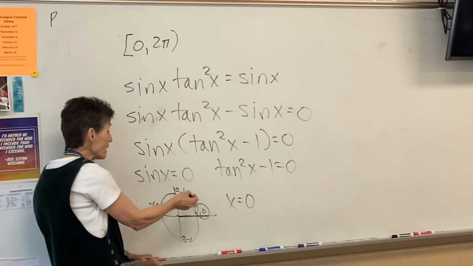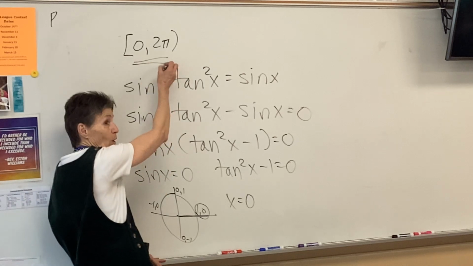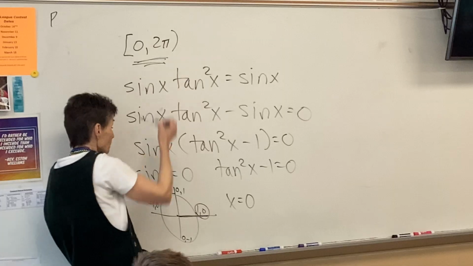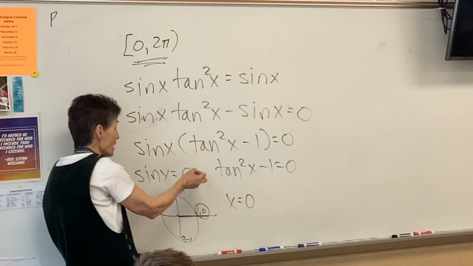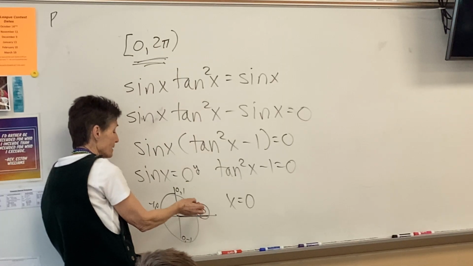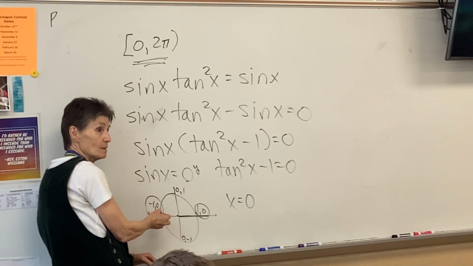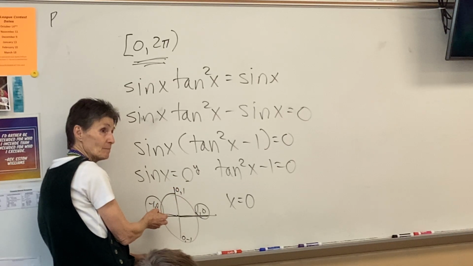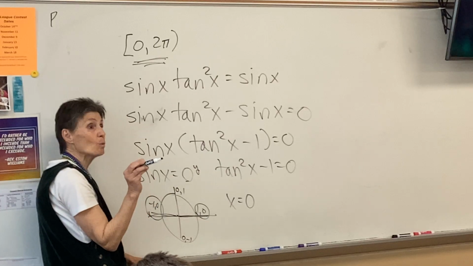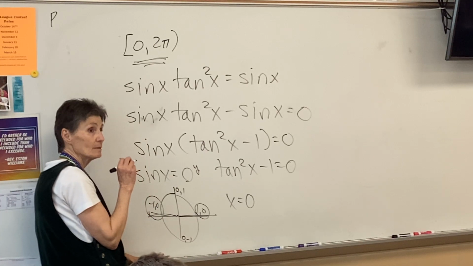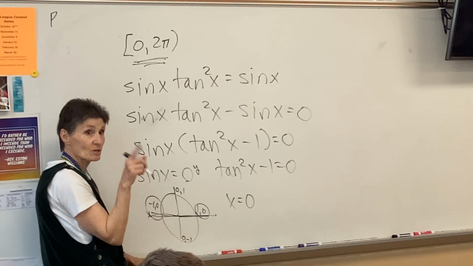Now are there any other places? This tells me I'm going all the way around. I've got to go all the way around. Are there any other places that you see a y coordinate that is 0? Right here? So what angle is that? In degrees, it's 180. What is it in radians? Pi. 2 pi is all the way around, right?